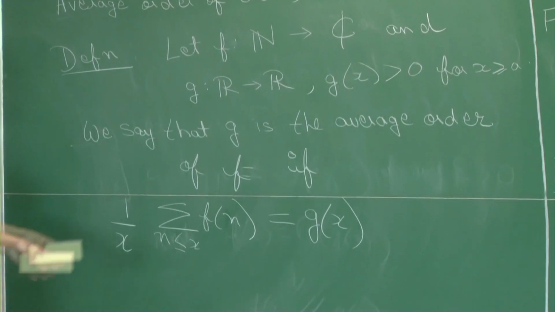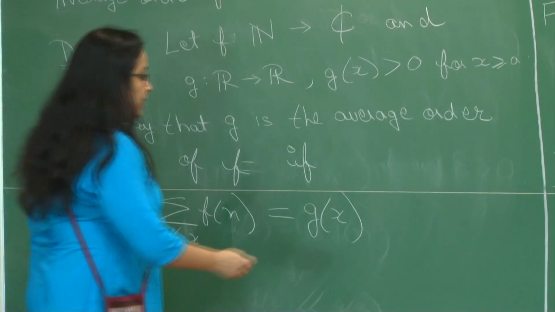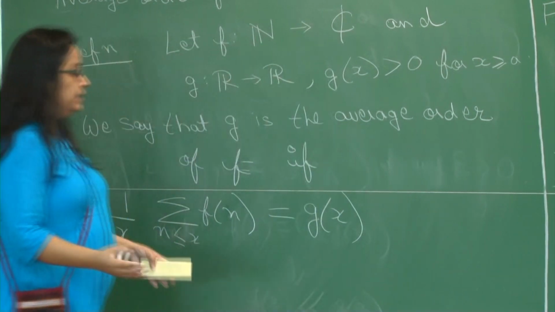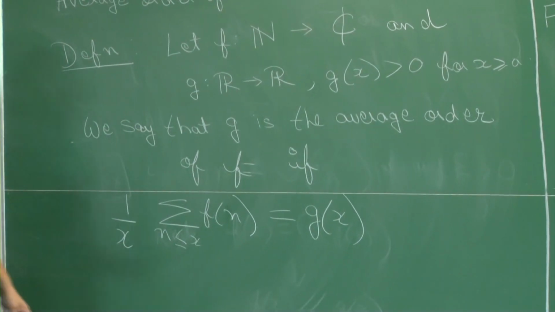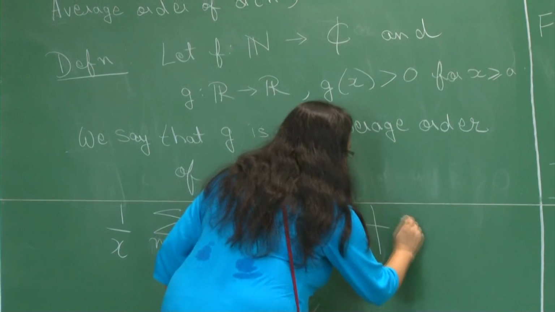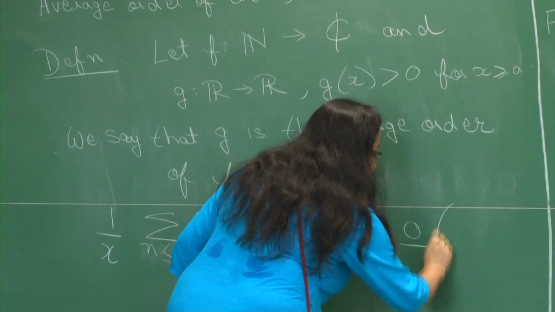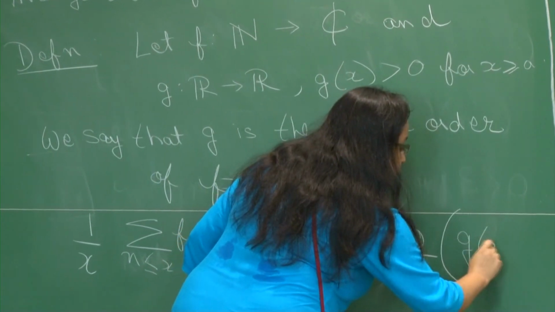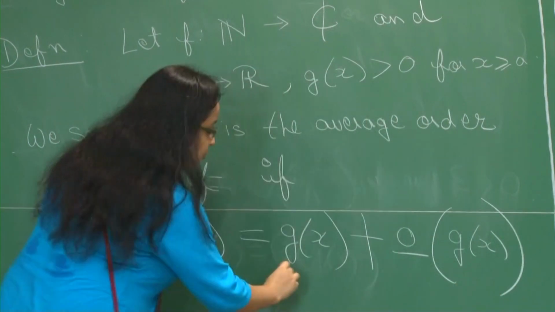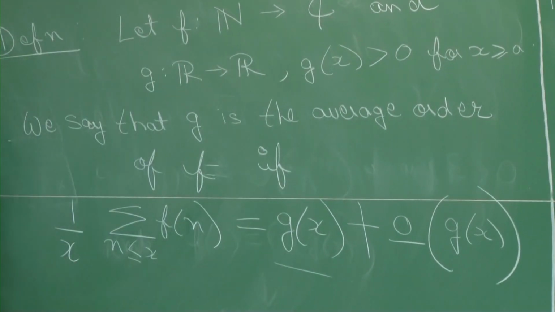It may not be an exact equality, but whatever is left over is actually something very small, plus something which is much smaller, little o of what you are taking to be the average order.